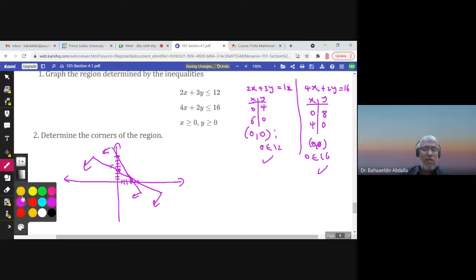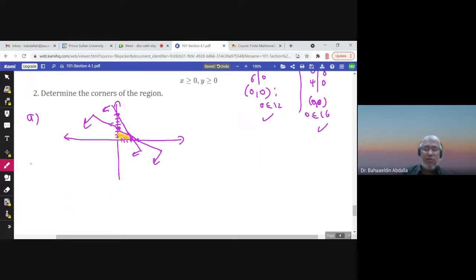And then the region, I can see that this is the region, because it satisfies all of them. x is greater than or equal to 0, y is greater than or equal to 0, it's below this one and below the other line. So that's the region.